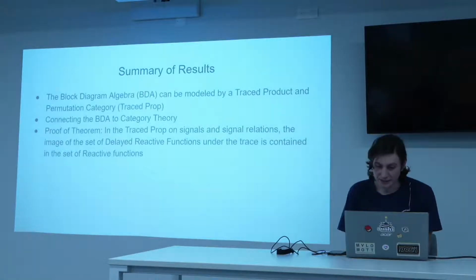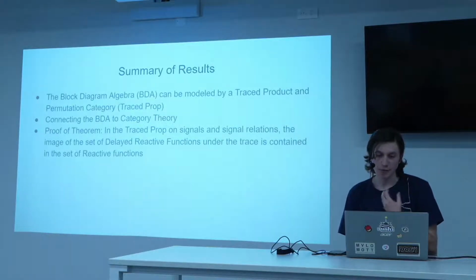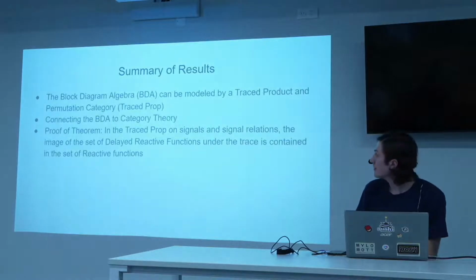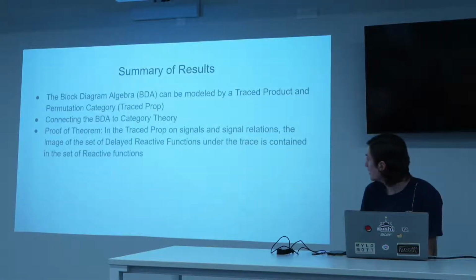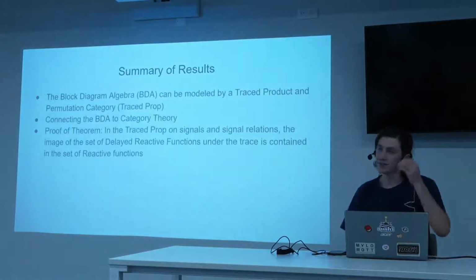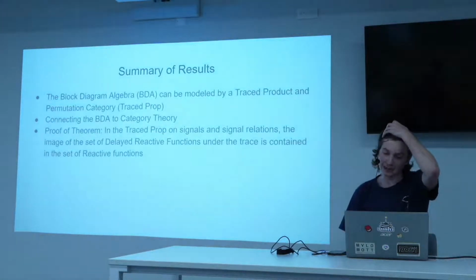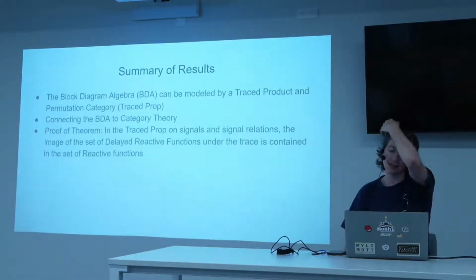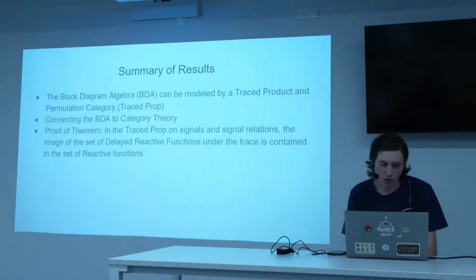And secondly, my other main contribution in this paper is a proof of the theorem that in the traced prop of signals and signal relations, the image of the set of delayed reactive functions under the trace is fully contained within the set of all reactive functions.